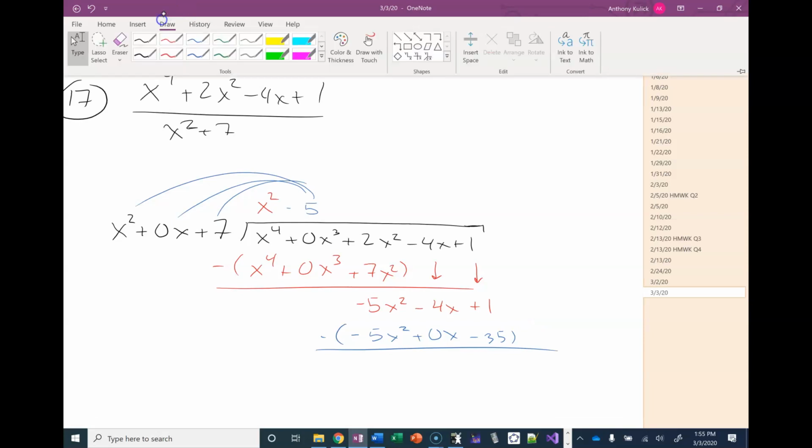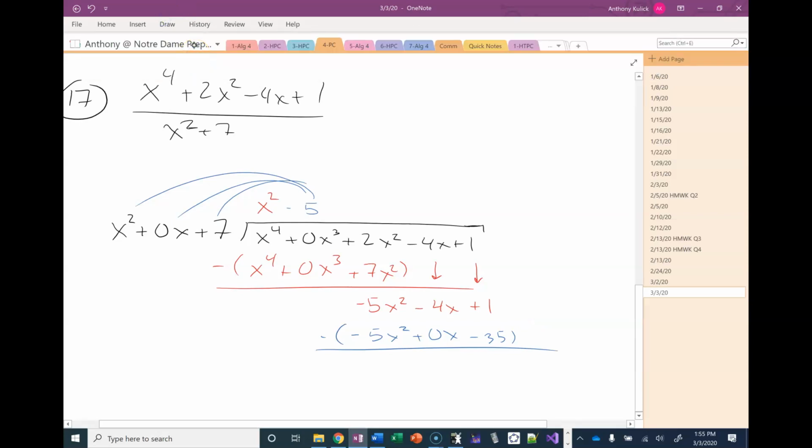Negative 5x minus a negative is the same thing as adding, so negative 5x plus 5x is 0, right? Then I have negative 4 minus 0, which is just negative 4x. And then 1 minus a negative 35 is positive 36.